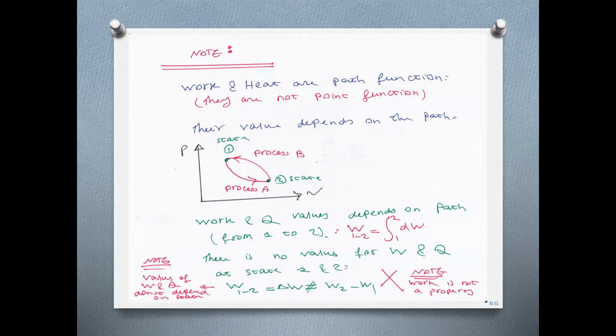We already talked about heat transfer into a system, and now we are talking about work transfer into a system. Here it wants to explain that work and heat are not path functions. So they don't depend on the process. They don't depend on the path. Sorry. They are path functions. They are not point functions.